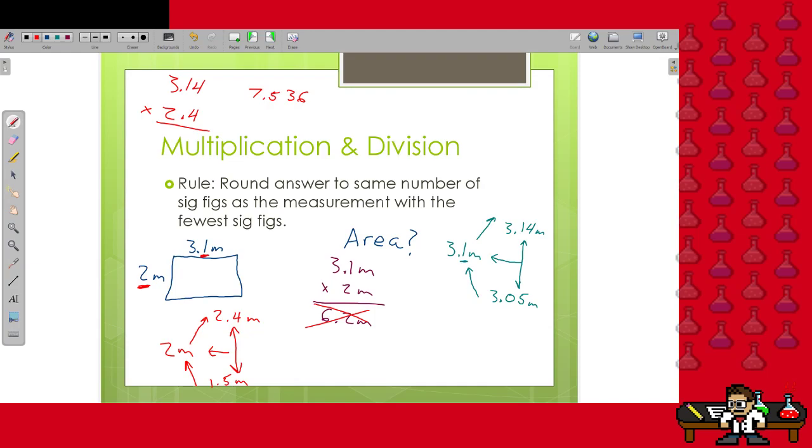And I'm going to do the same thing for my bottom values here. I'm going to take 3.05 and 1.5, and again multiply these numbers together to get some value.